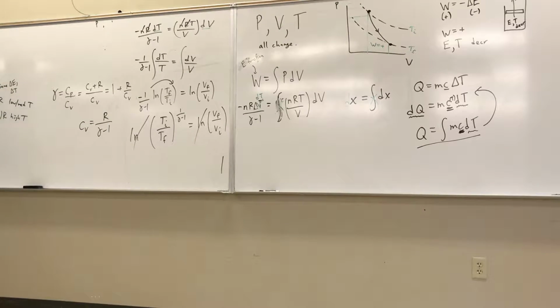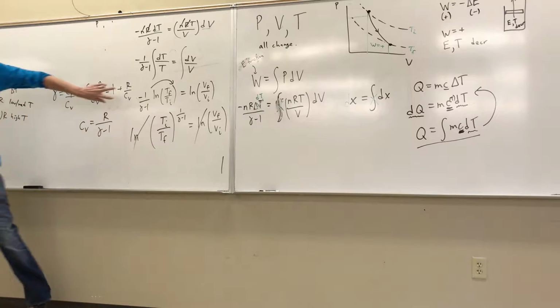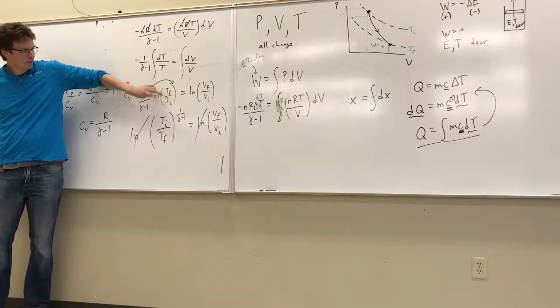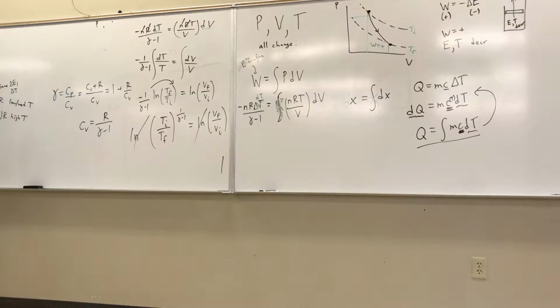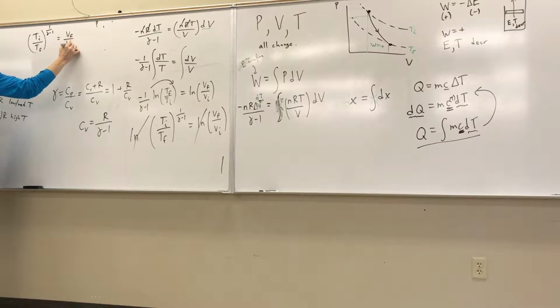Do you mean, sorry, in the exponents, do you mean 1 minus gamma? No, I flipped. To get rid of the negative, I flipped the temperature ratio. Okay. So here's what I get: T initial over T final to the 1 over gamma minus 1 equals V final over V initial.